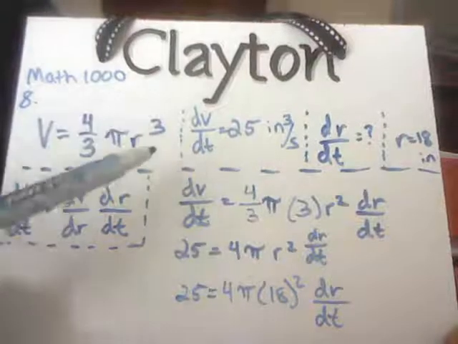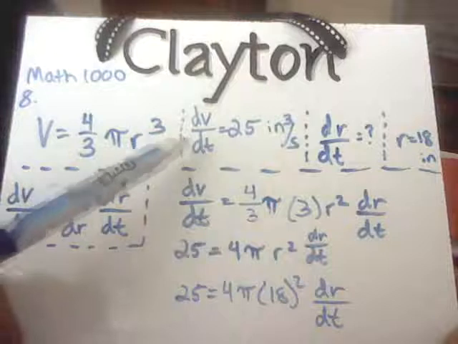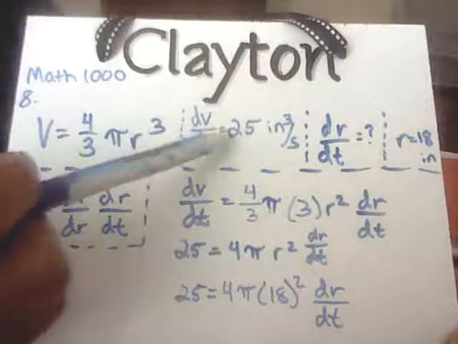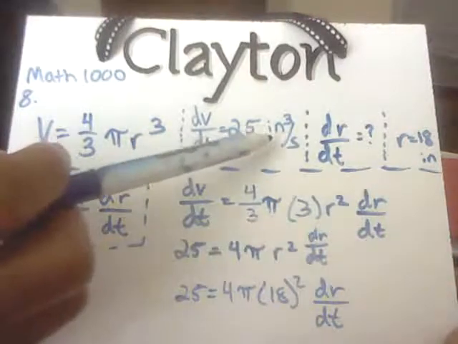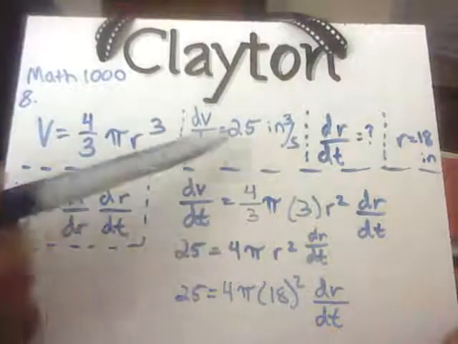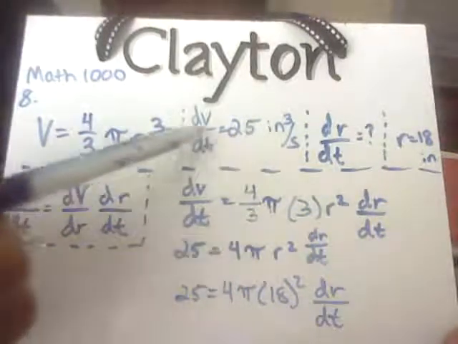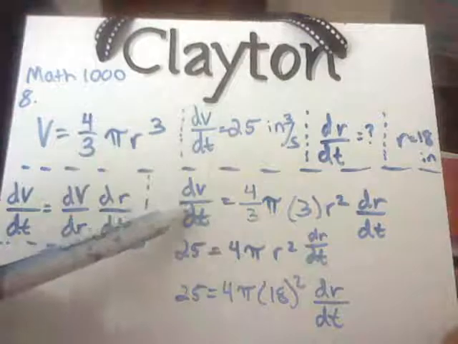The problem told us that dV over dt, our change in volume, is 25 cubic inches per second. This means that we can go ahead and plug this rate of change in volume in for dV over dt.